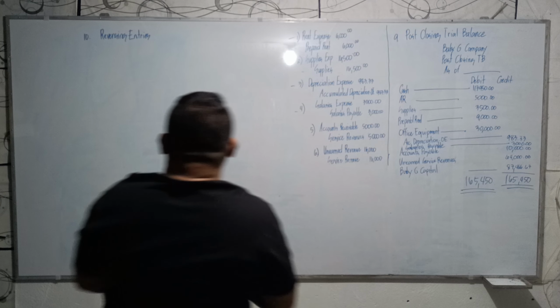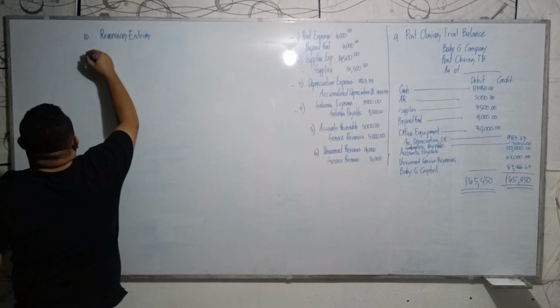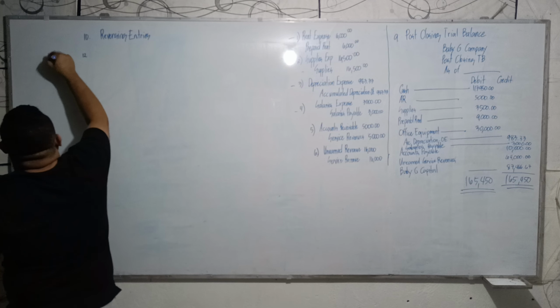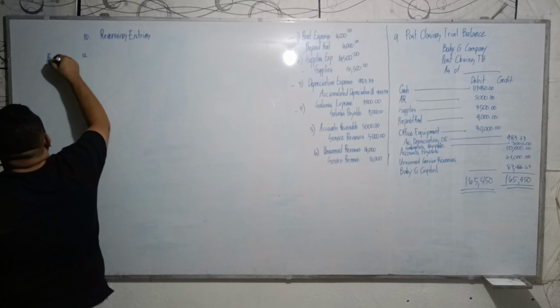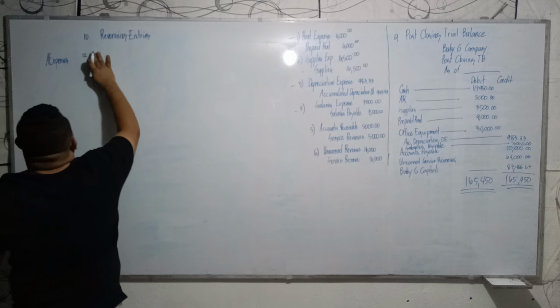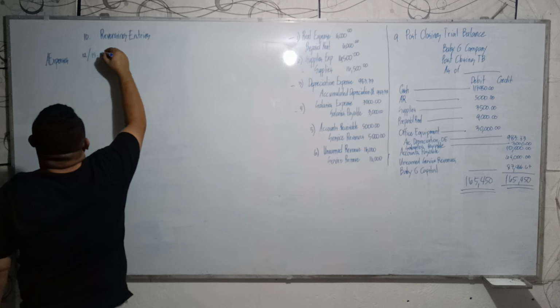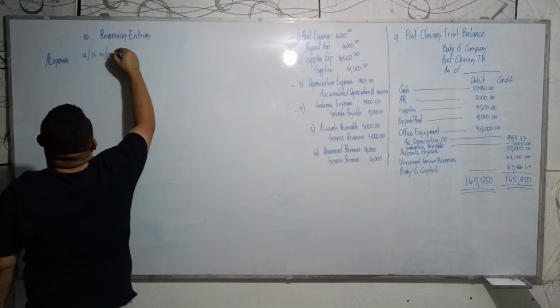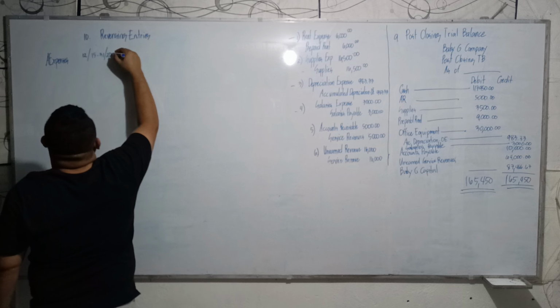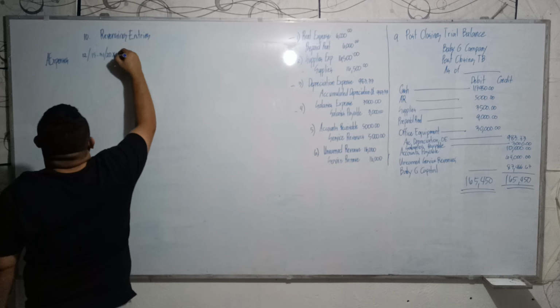Let's have the first one, the accrued expenses. So, again, December 15 to 31, the salaries of the employees, for example, has not yet been paid.